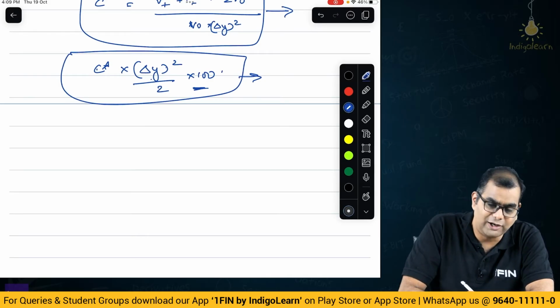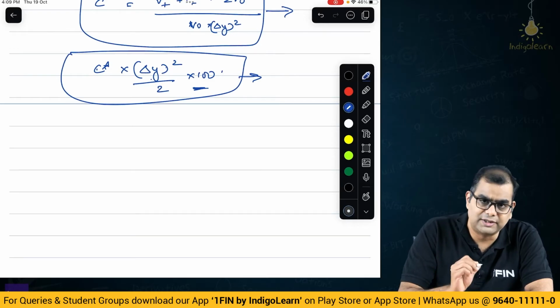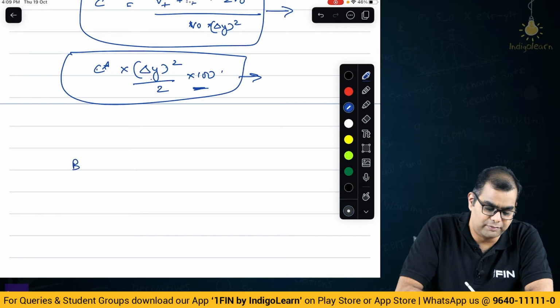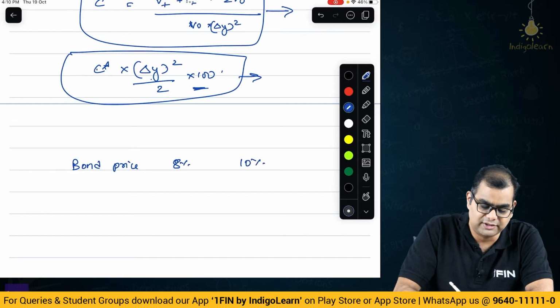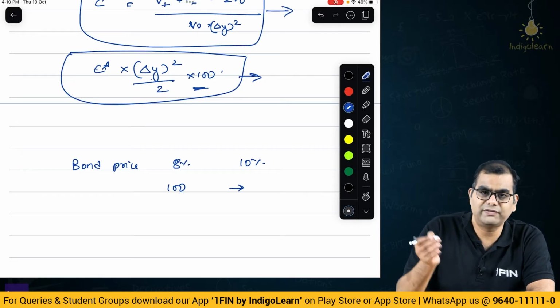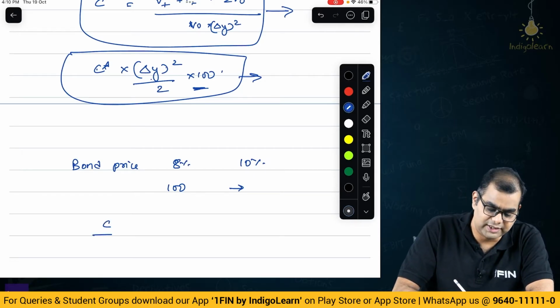So, if you have to find out a particular bond price, let us say the bond price is currently at 8%, and if it is changed to 10%, what is the price? One way is obviously you can compute C by 8 by 1 plus 8% power 1, and so on and so forth.